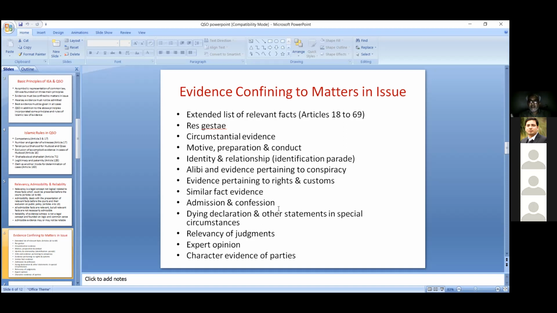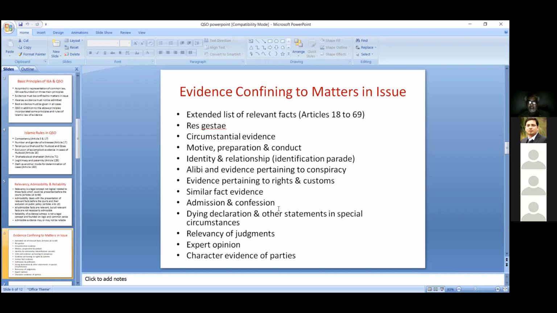So judgments on questions of fact are not generally relevant, and this is the general principle. When we read those provisions, we will see that there are 3 or 4 exceptions to this general principle, and those provisions relate to questions of fact, not to questions of law.